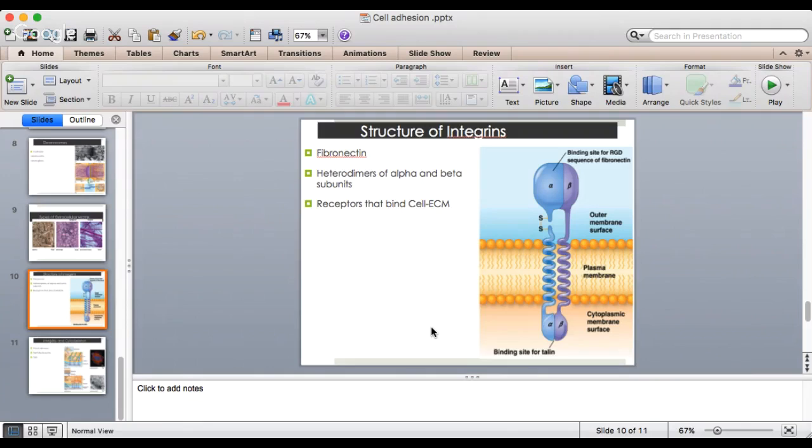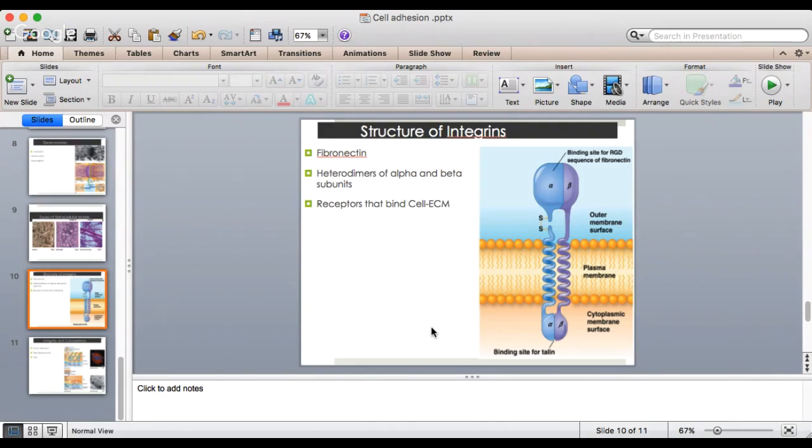They can bind to animal cells by specific receptors, such as a transmembrane protein called an integrin. Basically, an integrin is composed of two large transmembrane glycoproteins consisting of the alpha and the beta subunit that form a non-covalent heterodimer.